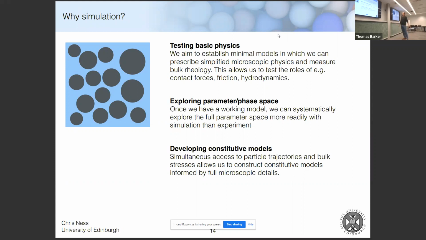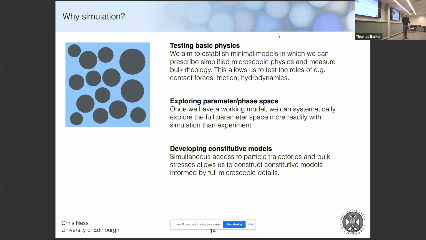People have different reasons for doing simulations. This is more relevant to a chemical engineering audience, because I think chemical engineers look to use simulations to model processes and try to do more than they can do experimentally. But from a more fundamental point of view, there are some really interesting things we can use simulation for. So I like to use simulation to test basic physics.